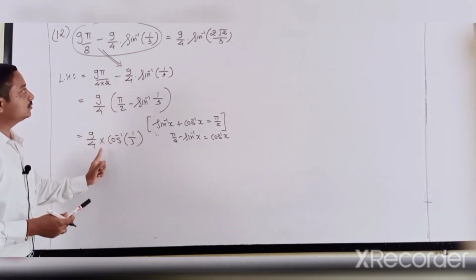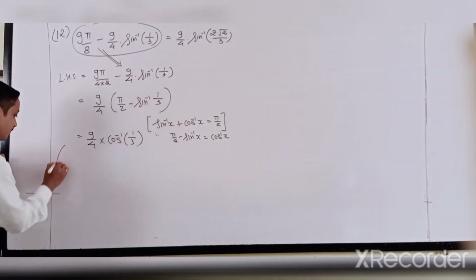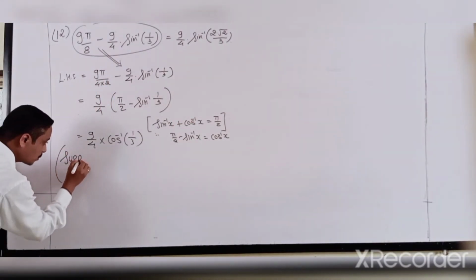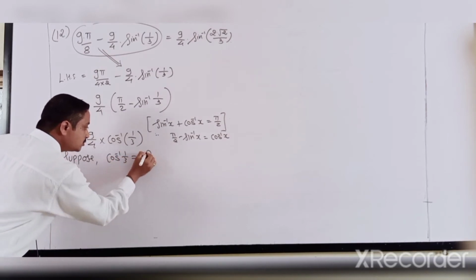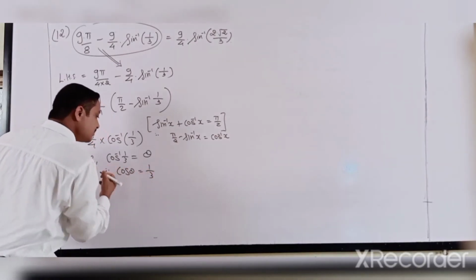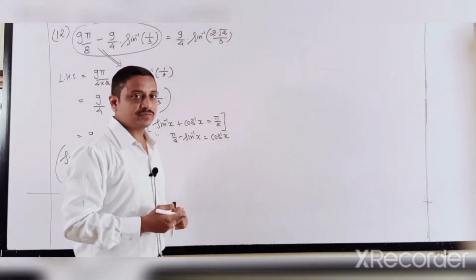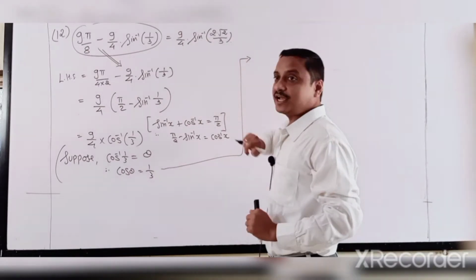And this value I translate into the sine, students. Suppose cos inverse 1/3 is equal to theta. So what is cos theta? Yes, 1 by 3.